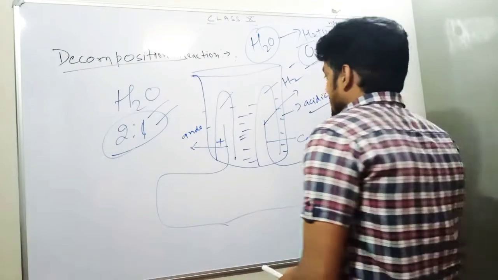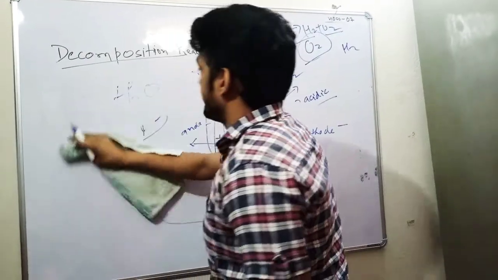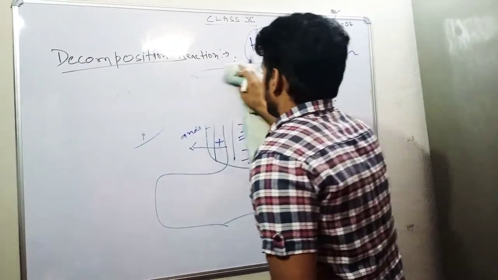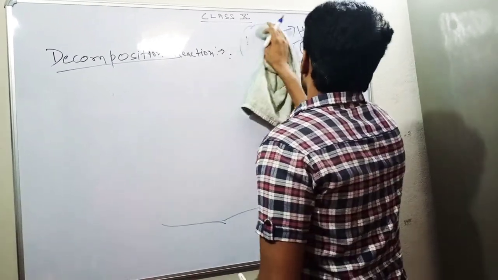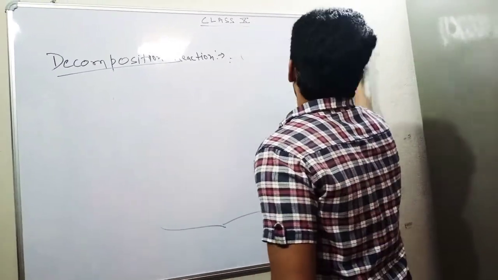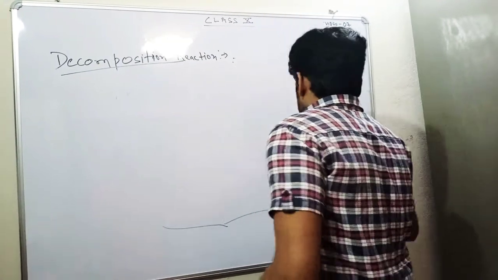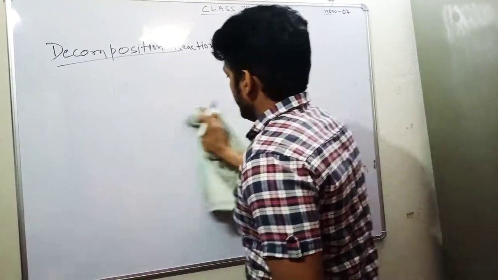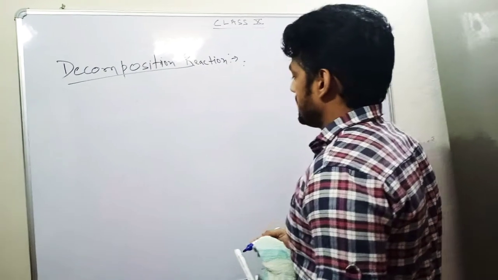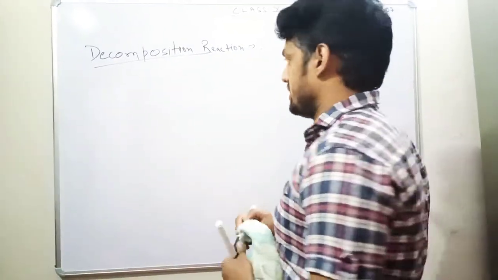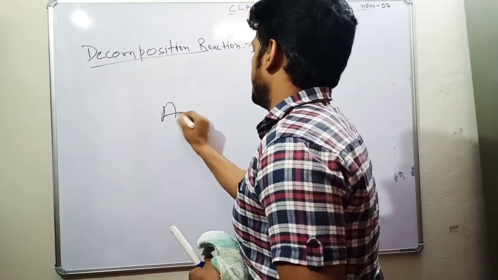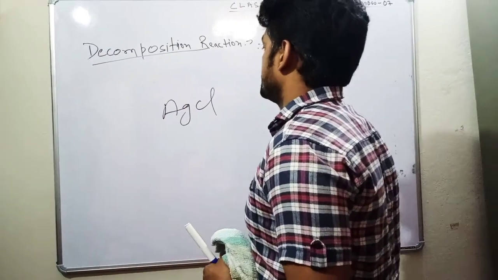Now we will take one more example, photo decomposition reaction. What does photo mean? Photo means light. In our book, in activity 1.8, AgCl, silver chloride, is taken.